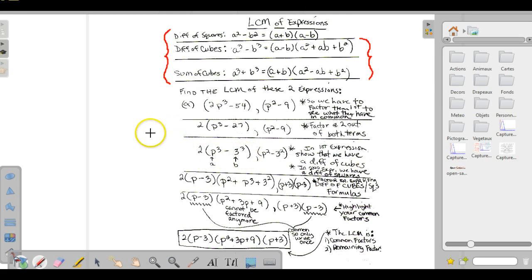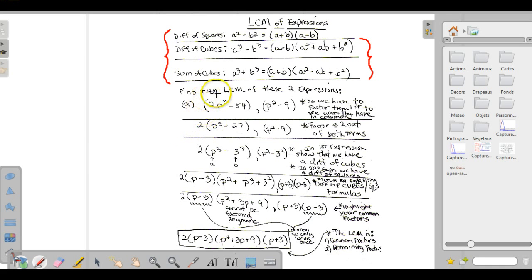The way that you solve for least common multiple in algebra is you first have to factor each of the expressions. So that's what we're going to go ahead and do.